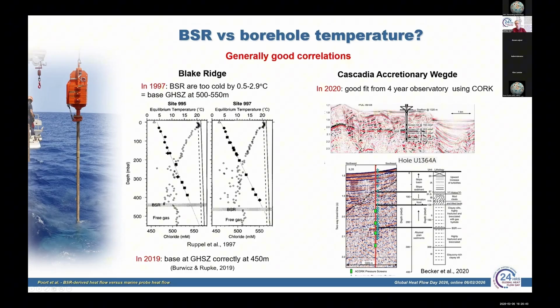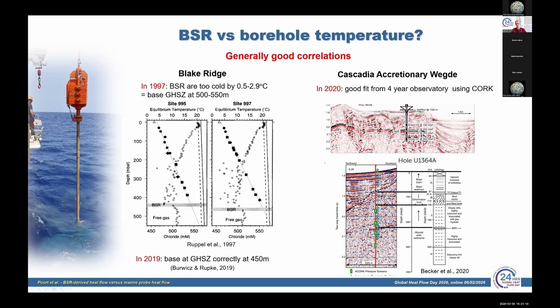Just another example from a recent publication of results from the IODP in the Cascadia accretionary wedge, where there has been a 4-year observatory using the CORK system, which prevents any strong circulation in the borehole, so as to have much better temperature measurements.